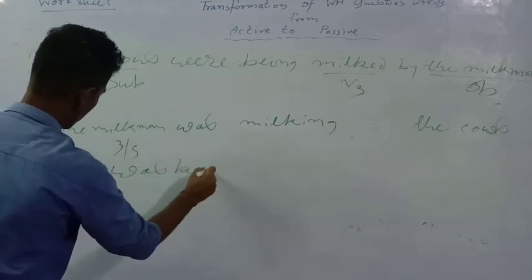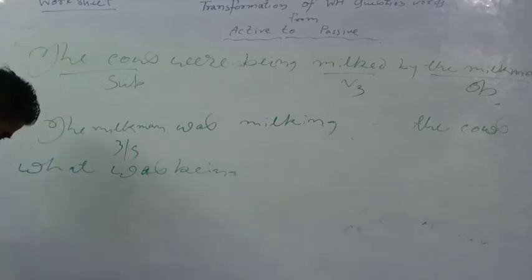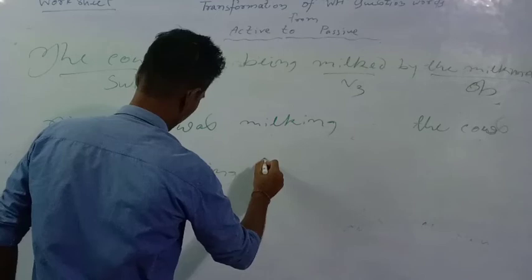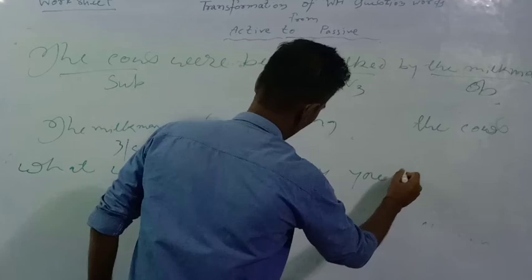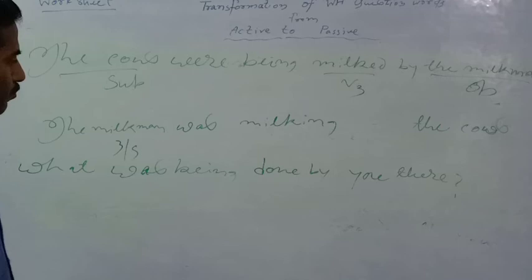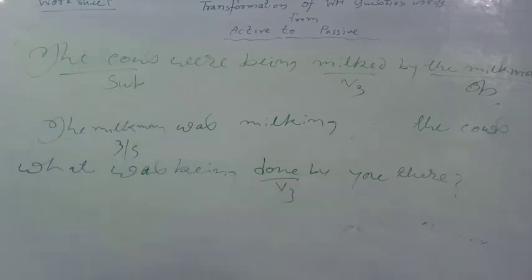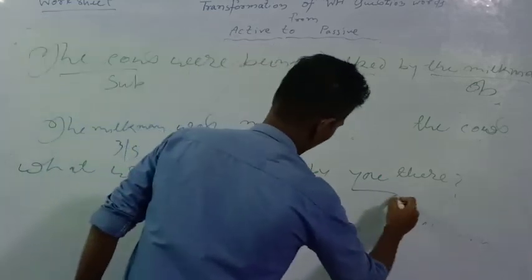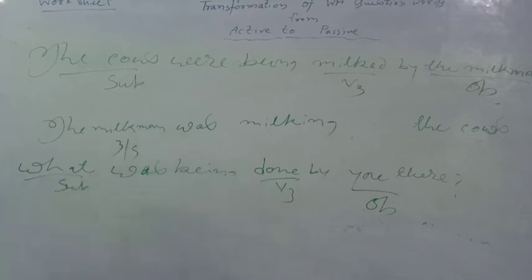What was being done by you there? Being done by you, dear? Question mark. Done is V3. You is the object, what is the subject.